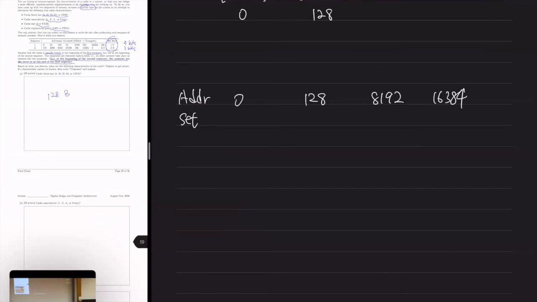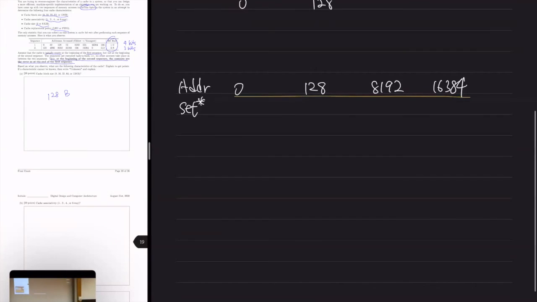And also let's try to know which set this address could be. I put an asterisk on the set because it might not be the actual set bit, since we don't know how many sets it has yet.